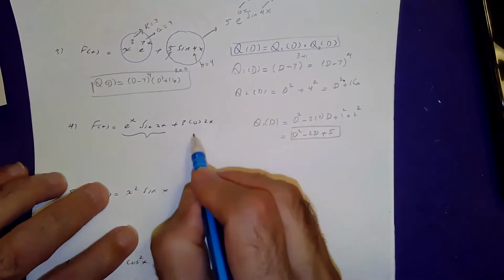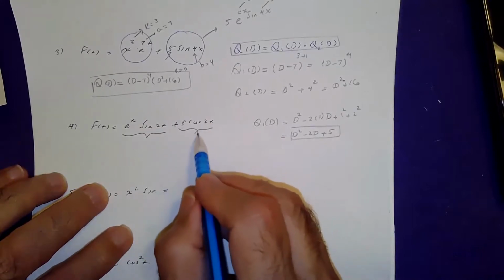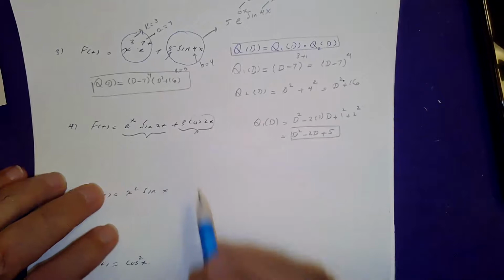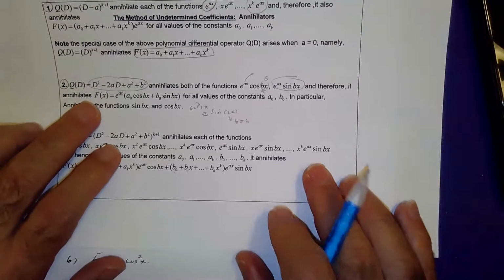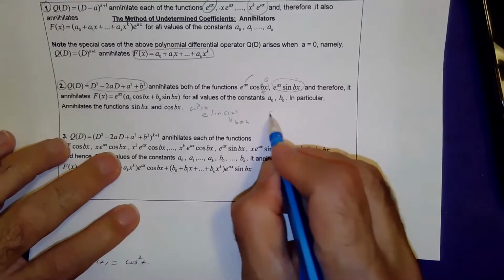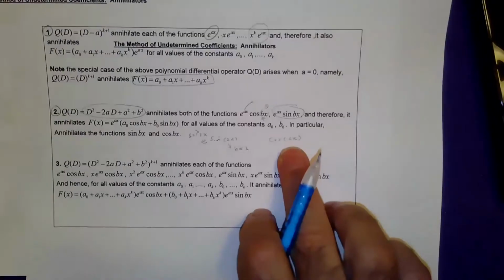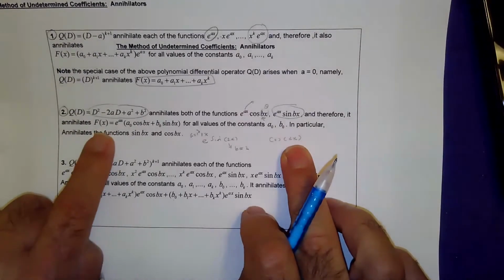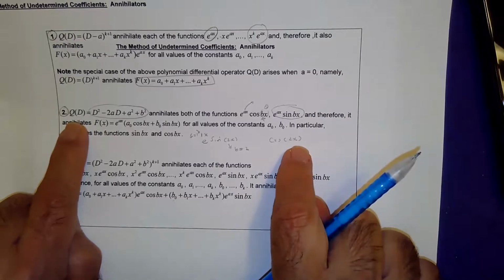What would be the annihilator for this guy? Remember, 3 doesn't mean anything. What would be the annihilator for cosine of 2x from the same formula? So I have cosine of 2x. What would be the annihilator using formula number 2 for cosine of 2x?